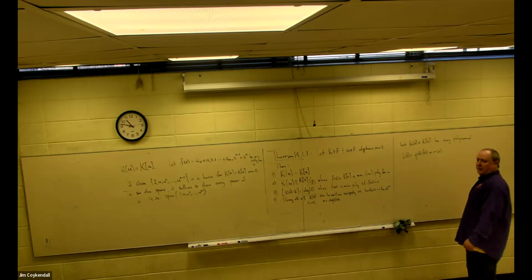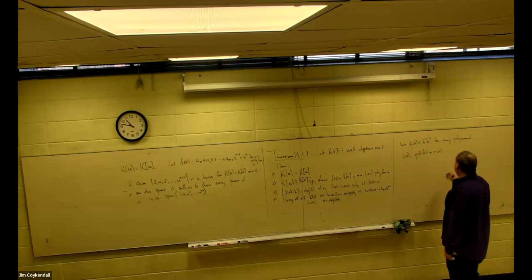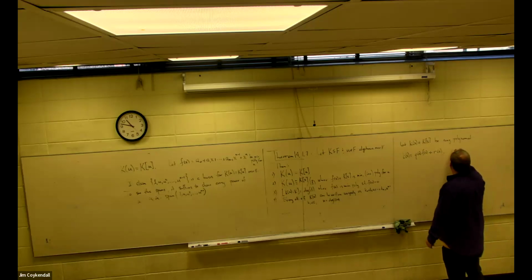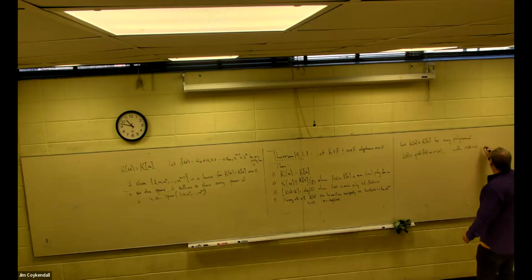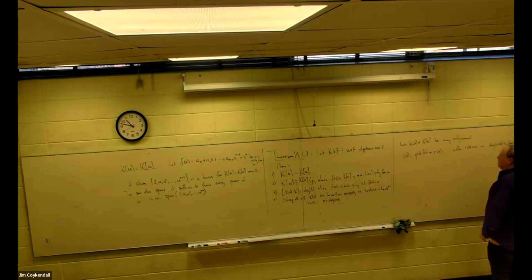Does anybody smell what the rock's cooking here? Anybody know what I'm doing? It's the Euclidean domain, that's right, with r(x) equal to 0, or degree of r(x) strictly less than degree of f, which is n.